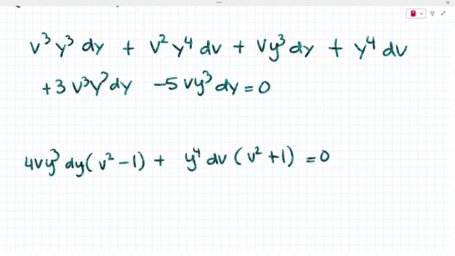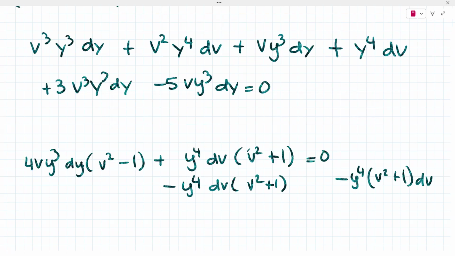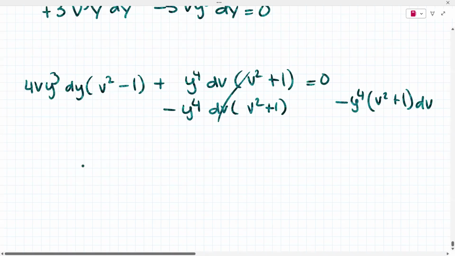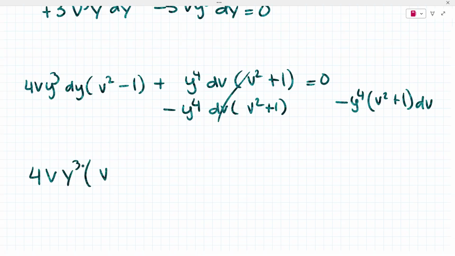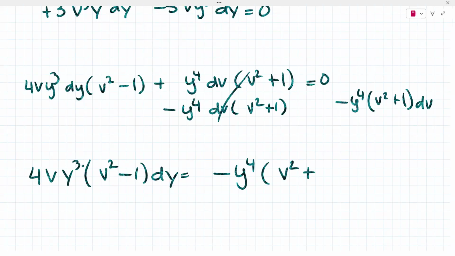So yeah, when you clean that up and move this to the right, it cancels, so you're left with 4v y cubed (v squared minus 1) dy equals negative y to the fourth (v squared plus 1) dv.